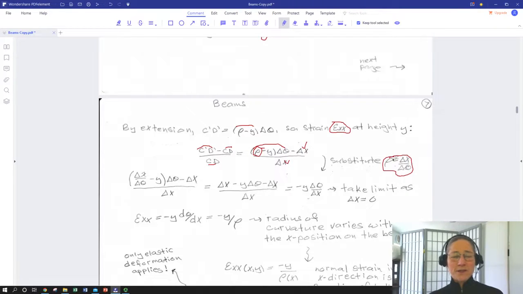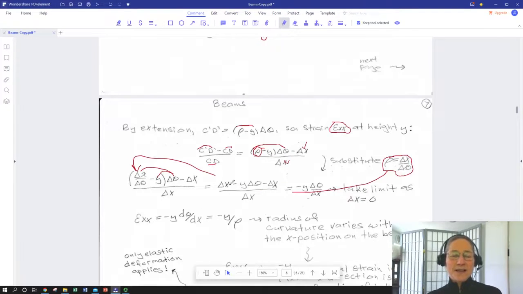That's another definition, and so we can plug that in. Just do a little substitution, then do some multiplying through. And I'll cover up my line here. We end up with delta x minus y delta theta minus delta x, over delta x.